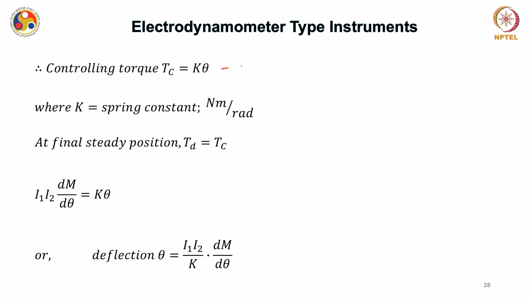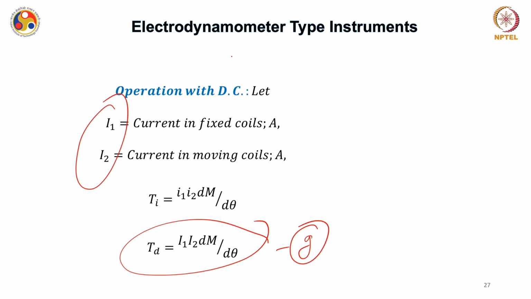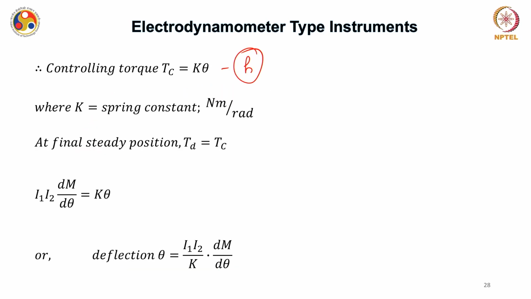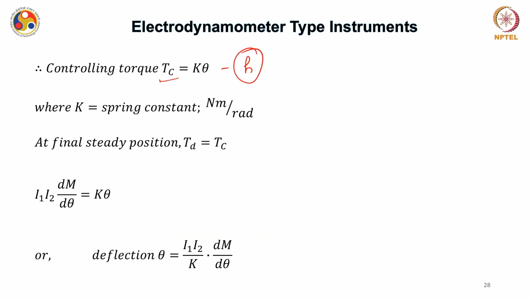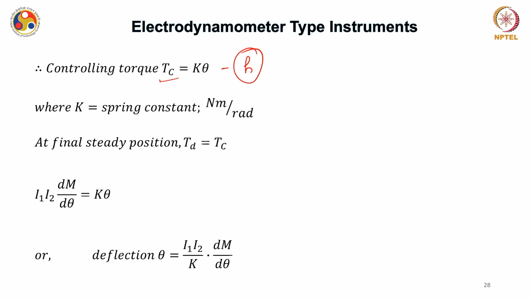I am calling this equation H. At the final steady state position, this controlling torque K theta has to be equated with the deflecting torque in equation G. So at final state position, Tc is equal to Td, as we have also seen in case of moving iron or PMMC instruments. So K theta from equation H is equal to I1 I2 into dM by d theta from equation G.